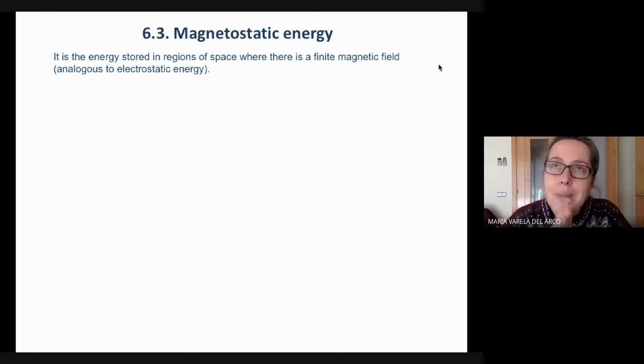All right. So the difference is just a matter of concept. The electrostatic energy actually corresponds with an intuitive energy in the form of a potential energy, because the electrostatic field is conservative, there is a potential energy associated with the potential, and therefore it's sort of easy to understand.